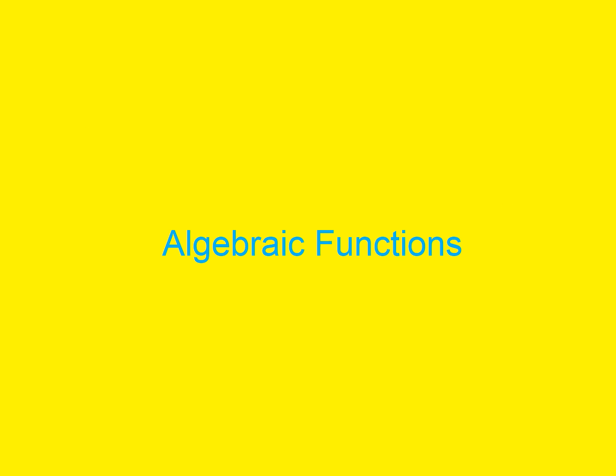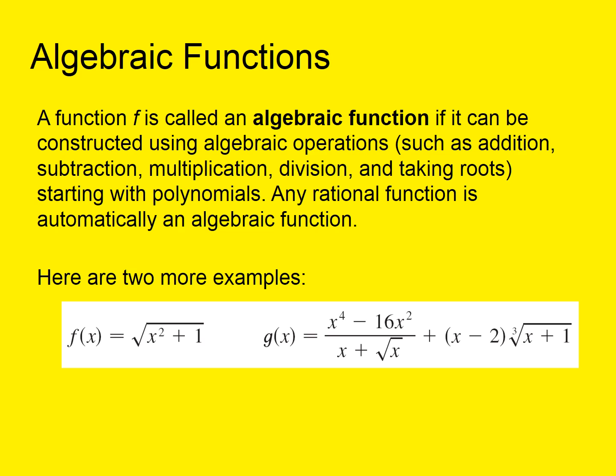Algebraic functions. Okay, now we know what algebra is. What are algebraic functions? This is going to require some careful distinctions. A function f is called an algebraic function if it can be constructed using algebraic operations, such as addition, subtraction, multiplication, division, and taking roots, starting with polynomials.